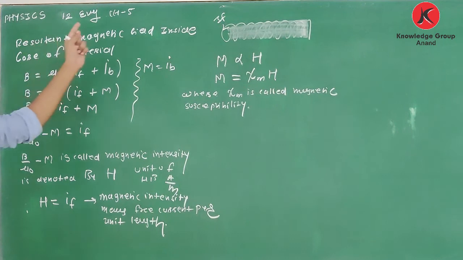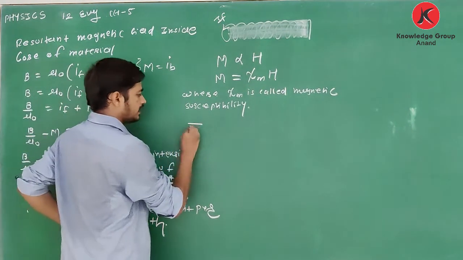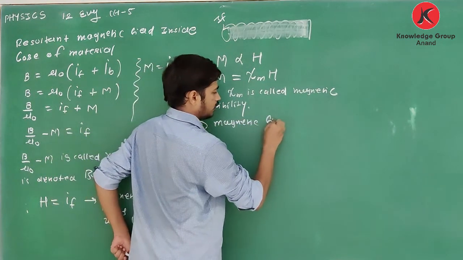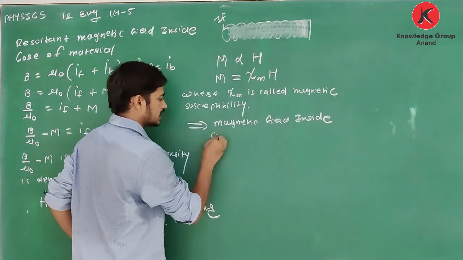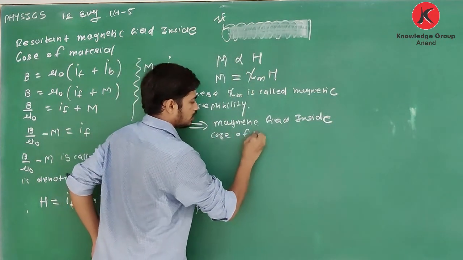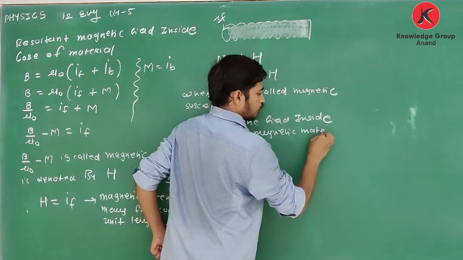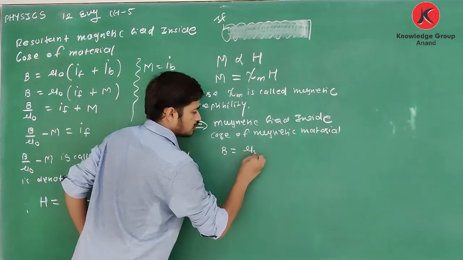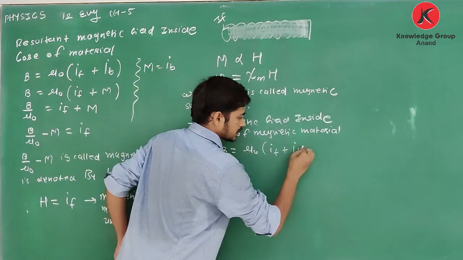Now we have to combine all such equations. Again, I will write this equation: the magnetic field inside the core of magnetic material, that is B is equal to mu 0 IF plus IB.